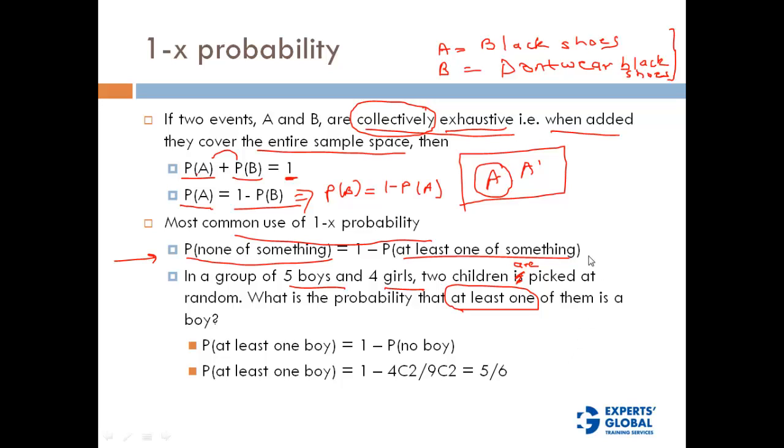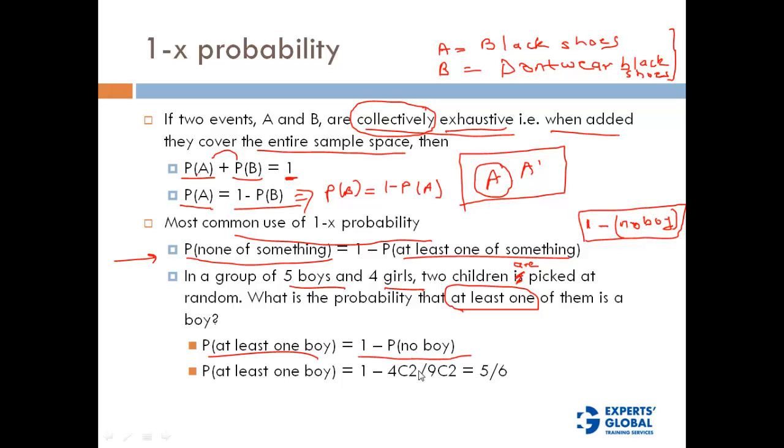That means I am talking about all events minus all events where I have no boy. Correct? At least one boy means all events minus number of events where I have no boy. So probability of at least one boy is equal to 1 minus probability of no boy.